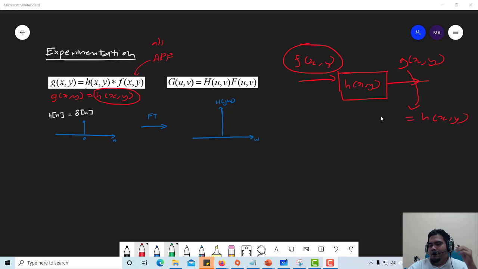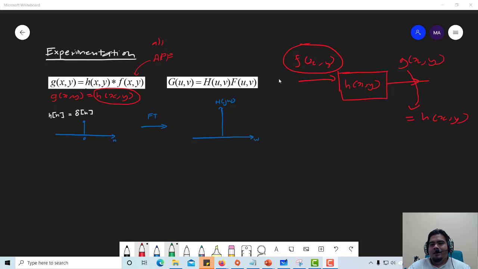In other words, if we can inject some signal f, where that signal looks like our all pass filter, then the produced g(x,y) is actually equal to our h(x,y).